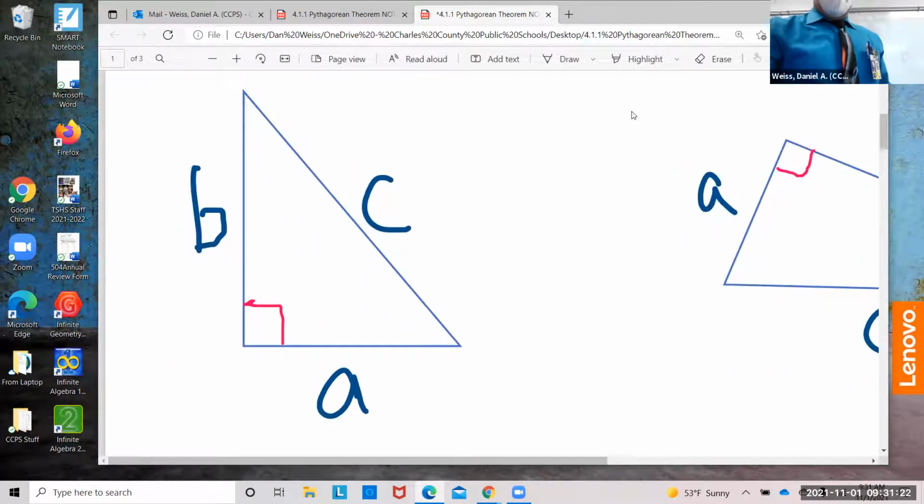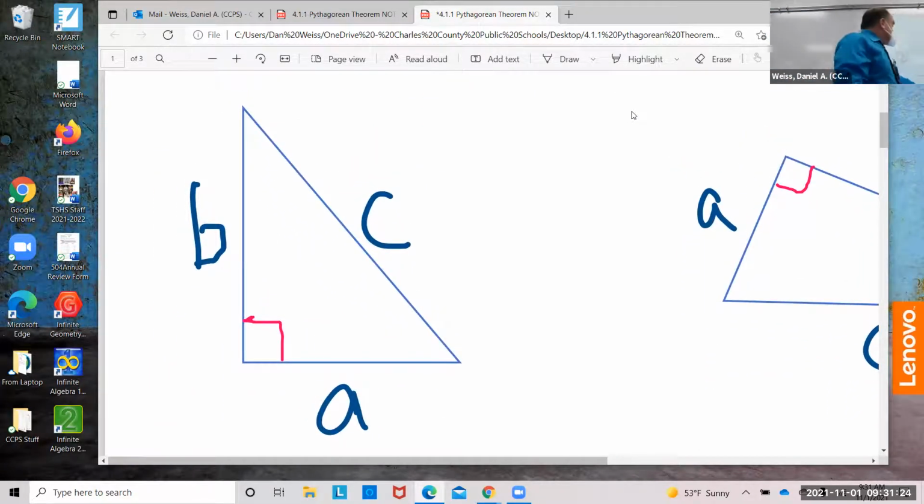In a right triangle, the two legs are A and B. The hypotenuse is always C. It doesn't matter which leg you call A and which B, but the hypotenuse is always C, always.